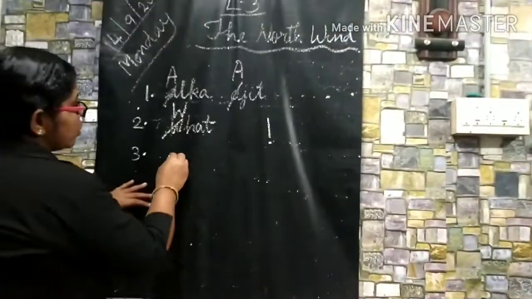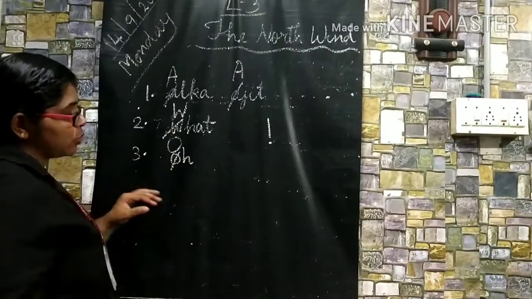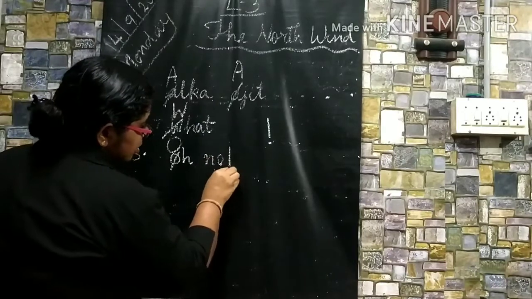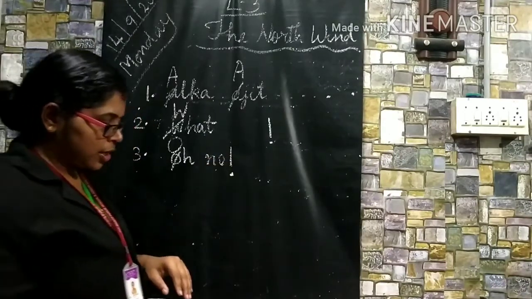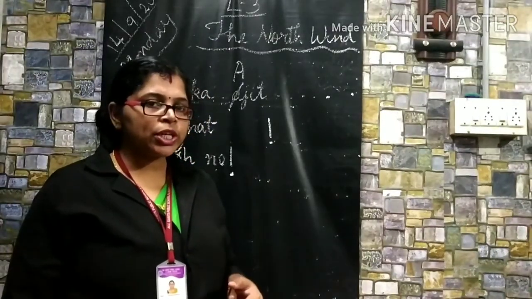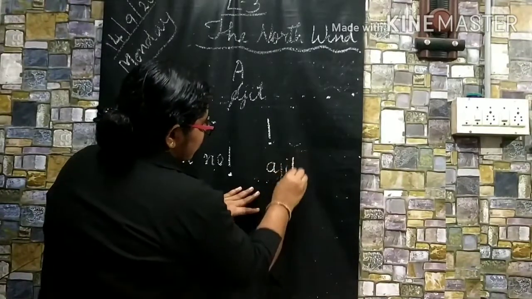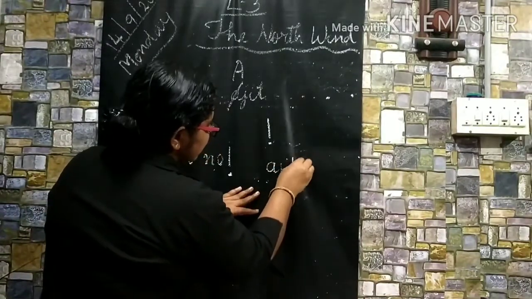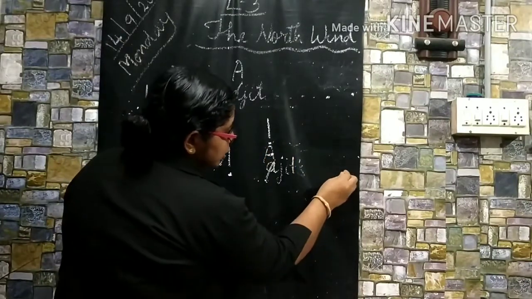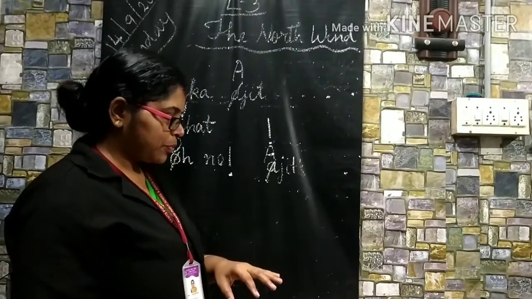So, oh no, you cut there O and write capital O. And after no, you write there exclamatory mark. Then has blown off Ajit's cap. What else you have to change? Yes, Ajit's. So, what you will do? You will cut this A and write there capital A, and after the completion of the sentence, put there full stop.